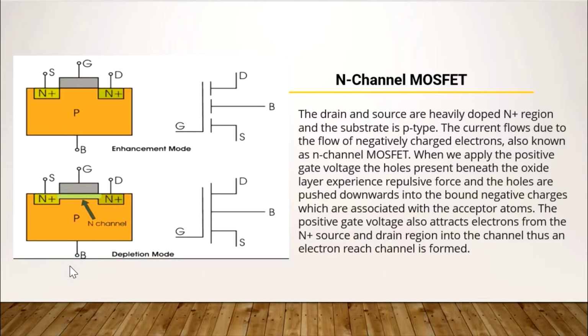When we apply a positive gate voltage, the holes present beneath the oxide layer experience a repulsive force and the holes are pushed downwards into the bulk, leaving negative charges which are associated with the acceptor atoms. The positive gate voltage also attracts electrons from the N plus source and drain regions into the channel, thus an electron rich channel is formed.